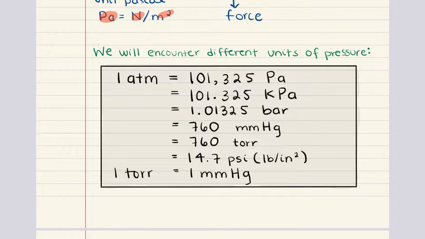Common units of pressure that we're going to encounter are atmosphere, Pascal, bar, millimeters of mercury, and torr. Here you're going to see a bunch of conversions that you should familiarize yourself with. 1 atmosphere is equal to 101,325 pascals. 1 atmosphere is also equal to 1.01325 bar.